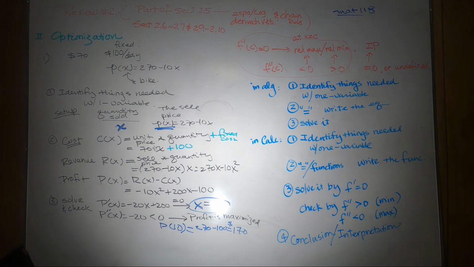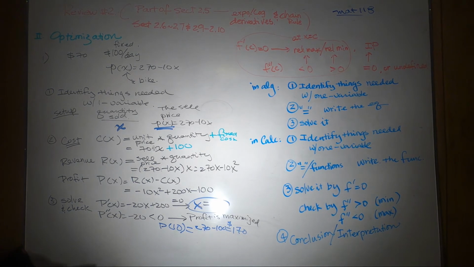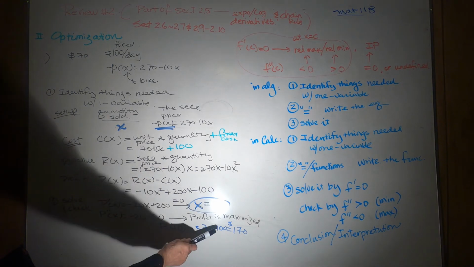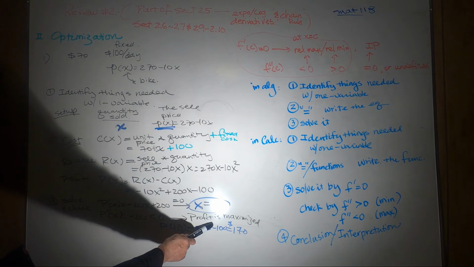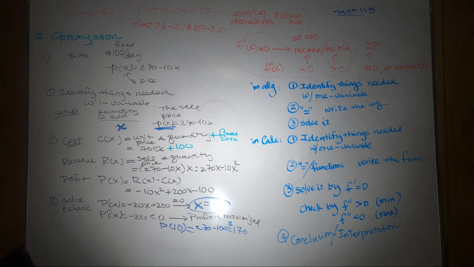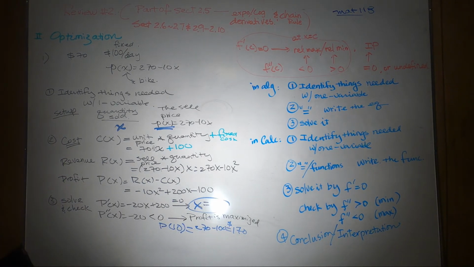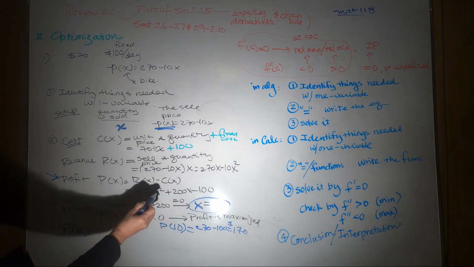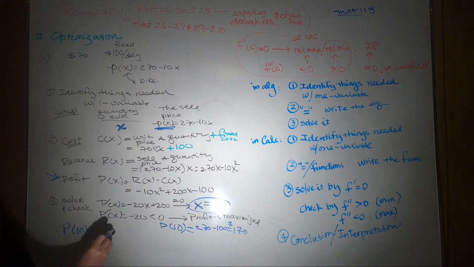Then what was the question? It says, how many bicycles will be produced a day, how much price will be charged, and find the maximum profit. How are you going to find the maximum profit? By your profit function, right? So your profit for x is 10, you plug in here.